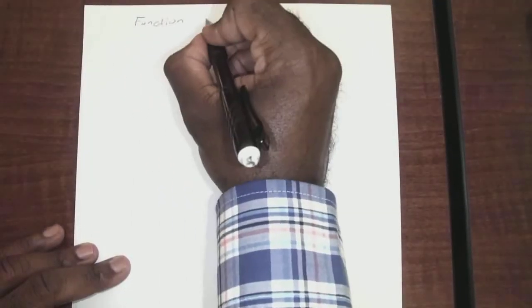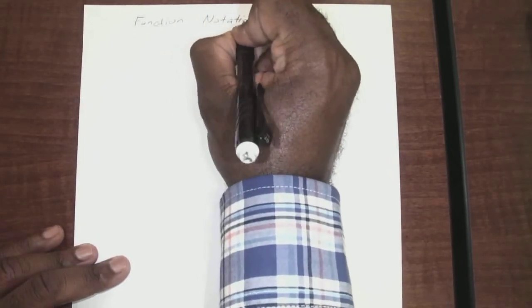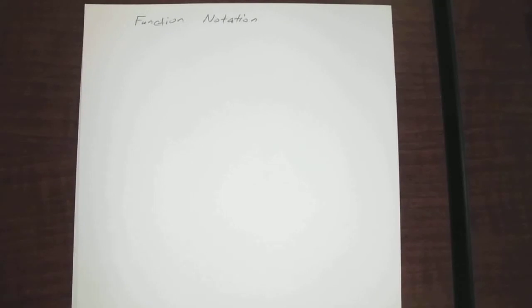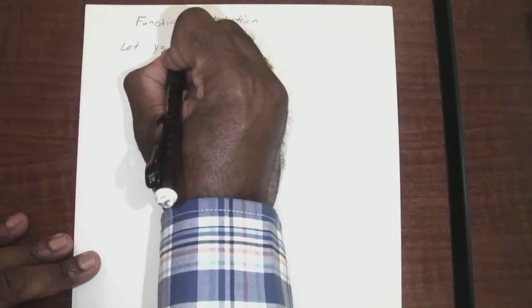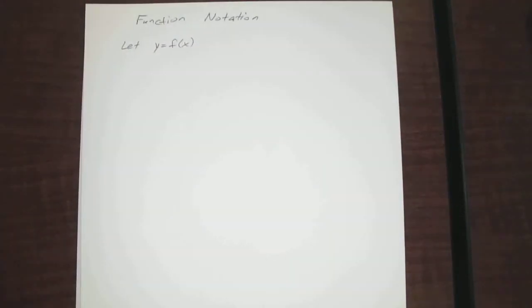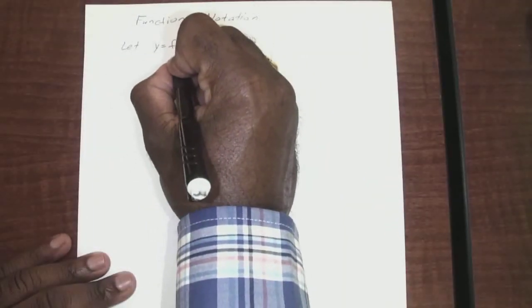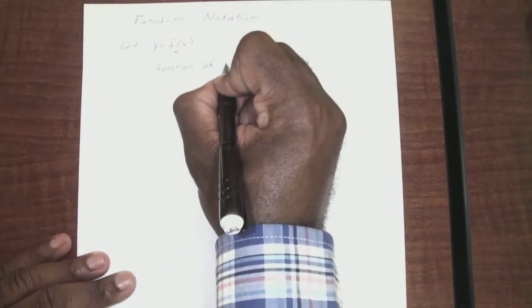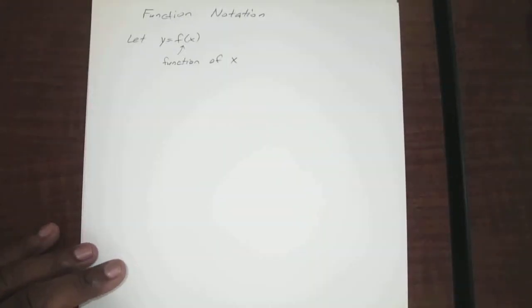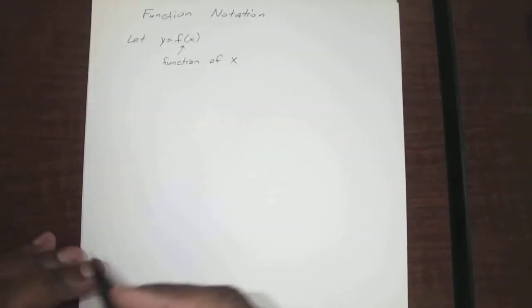Now we're going to review function notation, which is just where we change y to f of x. So this is a function of x, or if you read it, it just reads as f of x.